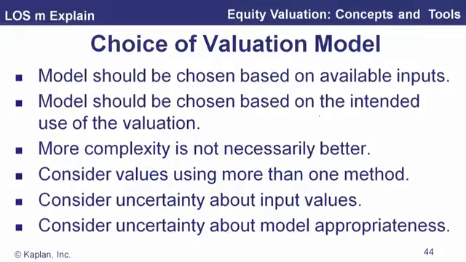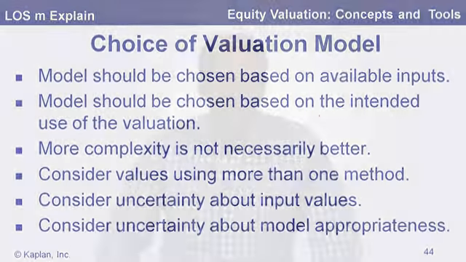So how do we choose a valuation model? Well, what are your available inputs? And how are you going to use this valuation? If we're going to use it for liquidation, maybe we want to look at asset values. More complexity is not better. It looks fancier, but it's not necessarily better. So who says we have to pick a method?